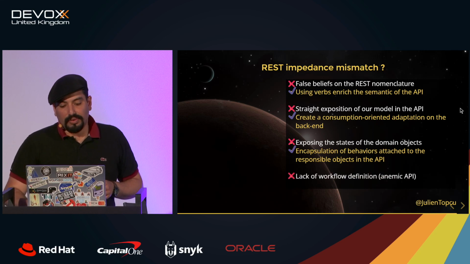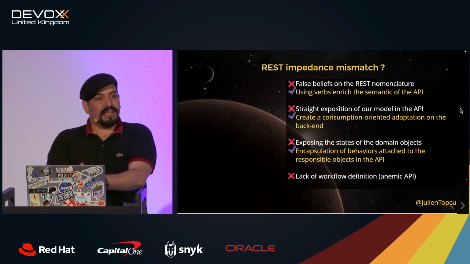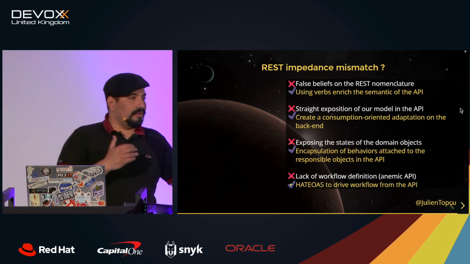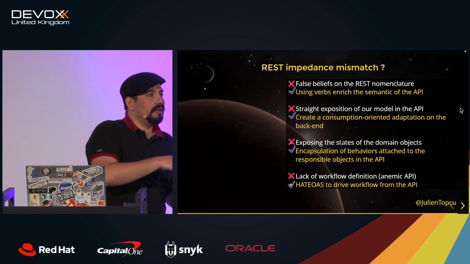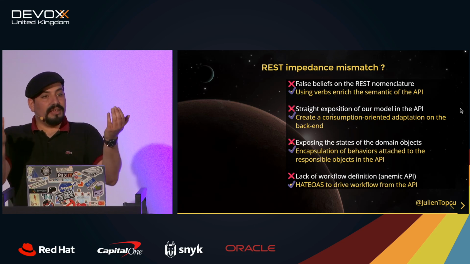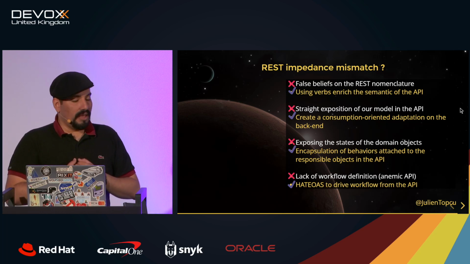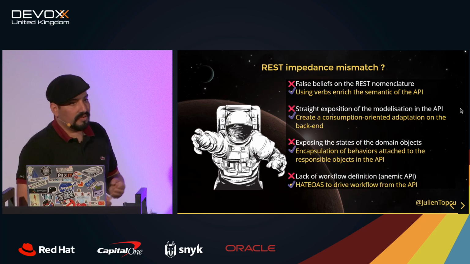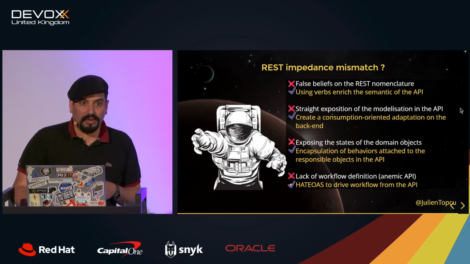And the last thing was that we had a lack of workflow definition in the API itself. And with that play of hiding that URL, serializing that URL at the right time, you are able to lead the workflow of the API from the backend itself. And with all those, we get back business intent in our APIs, and we craft business-oriented REST APIs.